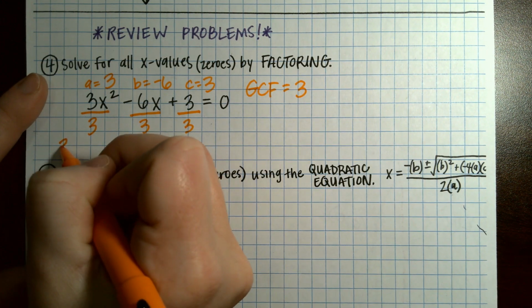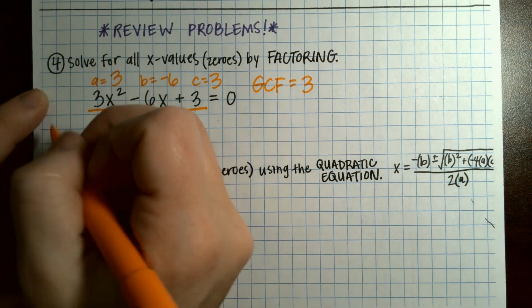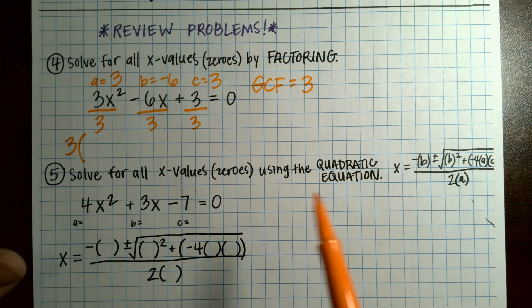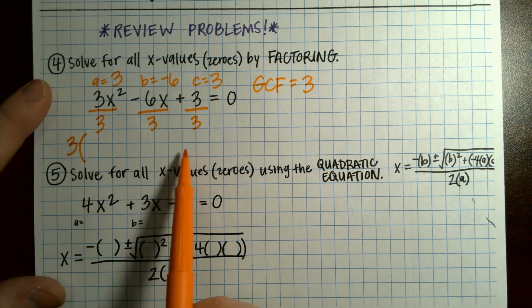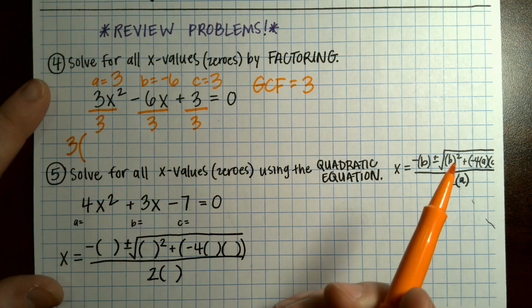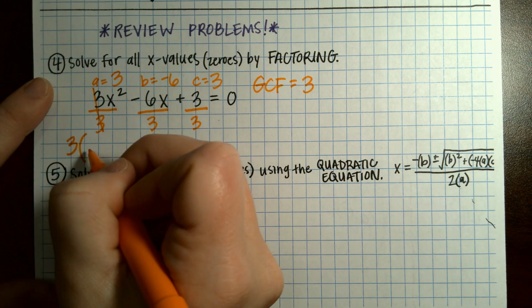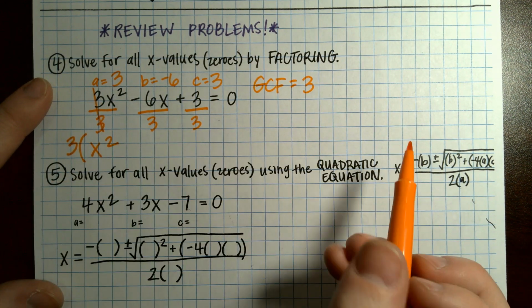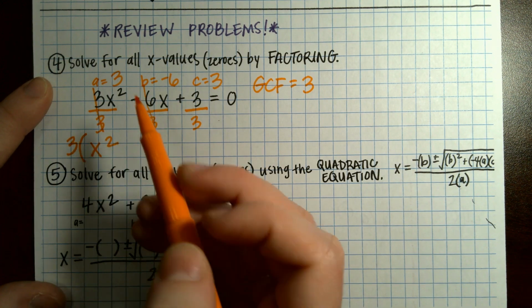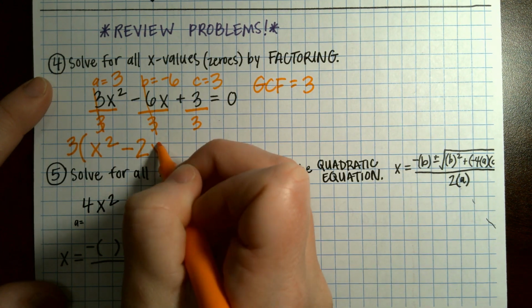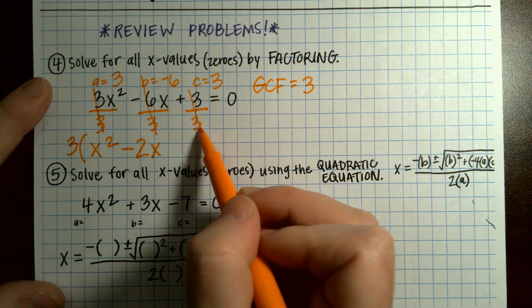Now 3 goes on the outside of our parentheses. So now we need to figure out our new A, B, and C that goes in the parentheses here. 1, -2, 1. 3 divided by 3 is 1. So I've got x squared, then -2x and 1.